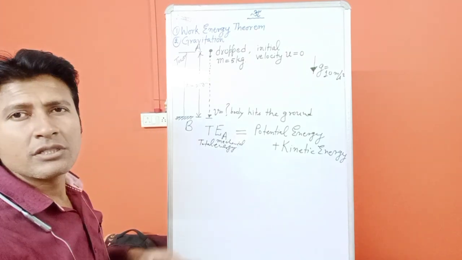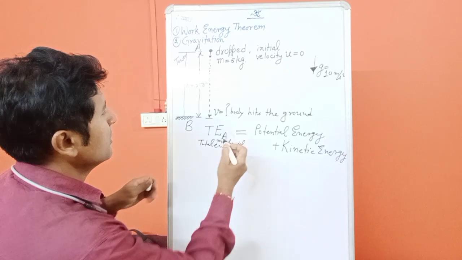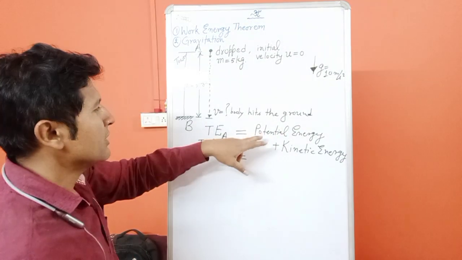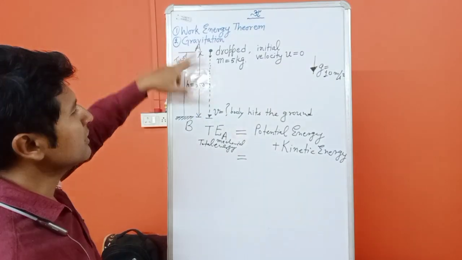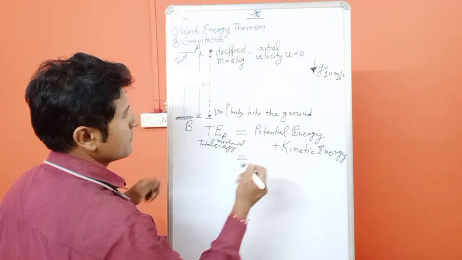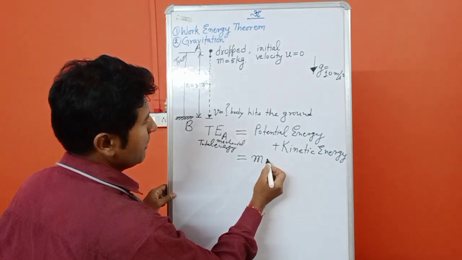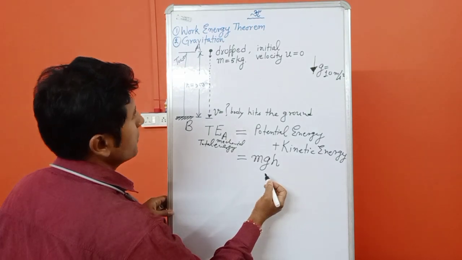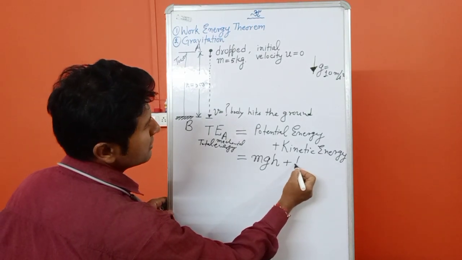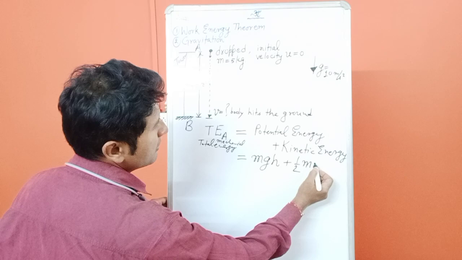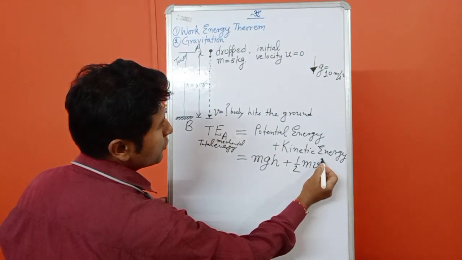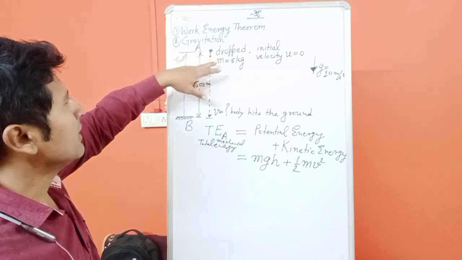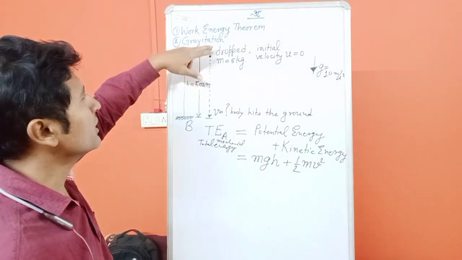Now see, at this particular condition at point A, what is the total potential energy here? Now potential energy, the concept is m into g into h, right? And the kinetic energy is half m v square, right? Now at point A, if you see, as it has been given in the problem, the body is dropped.